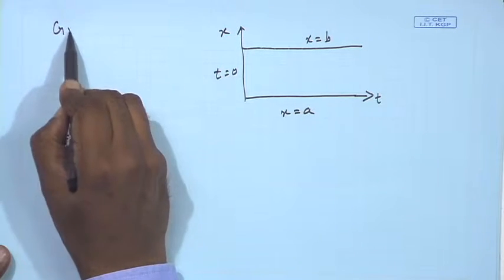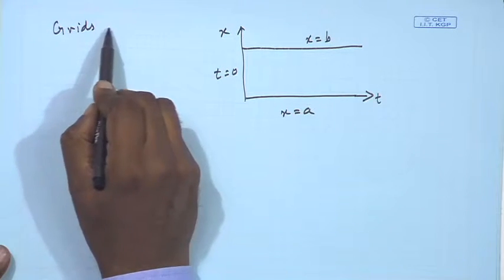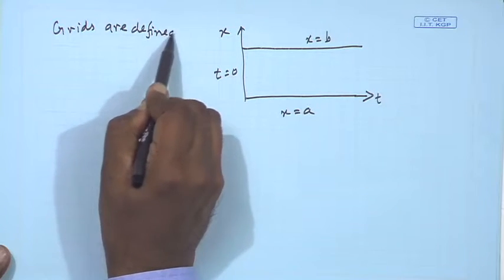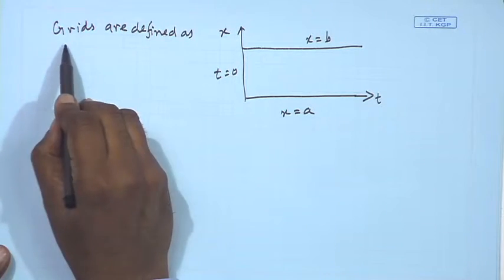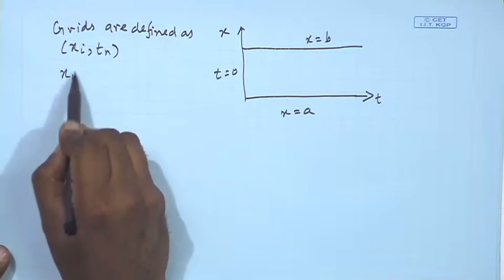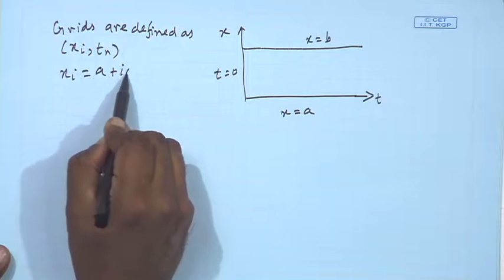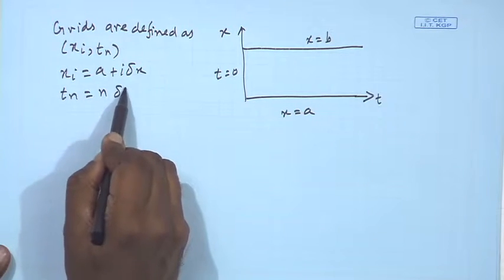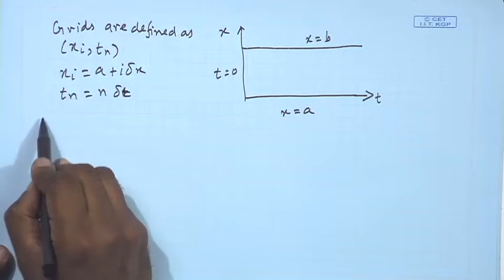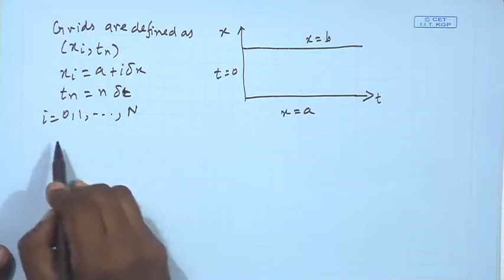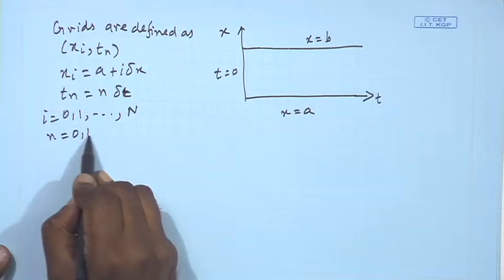So grids we define as (x_i, t_n), x_i equal to a plus i delta x, and t_n equal to n delta t. Now i can vary from 0, 1, 2 up to, say, capital N, and n is varying from 0, 1, 2, and so on.